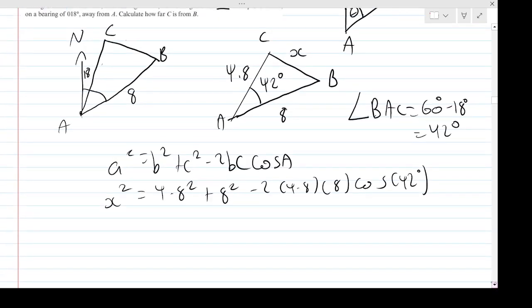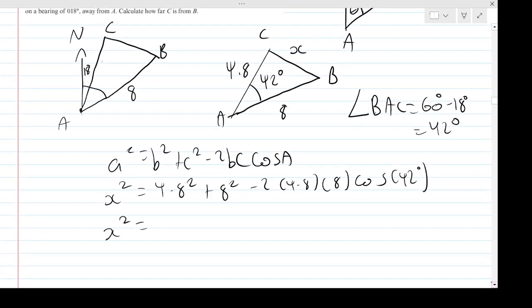If we put all that in the calculator, x squared is going to be 4.8 squared add 8 squared, take away 2 lots of 4.8 lots of 8 lots of cosine 42, and I get 29.966 and so on. Then to get x, the length CB, I need to square root it, and so I get 5.47 kilometres to 2 decimal places.